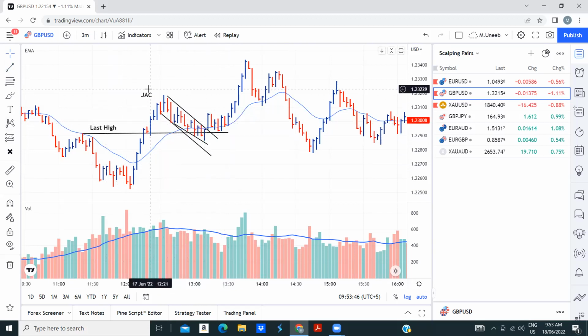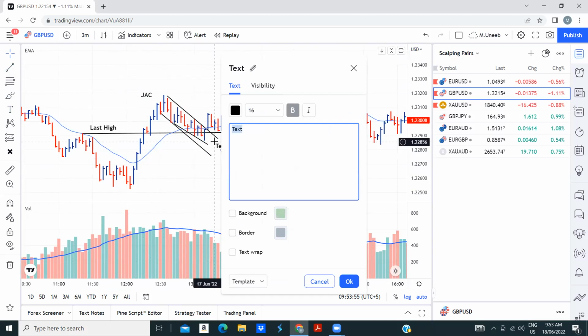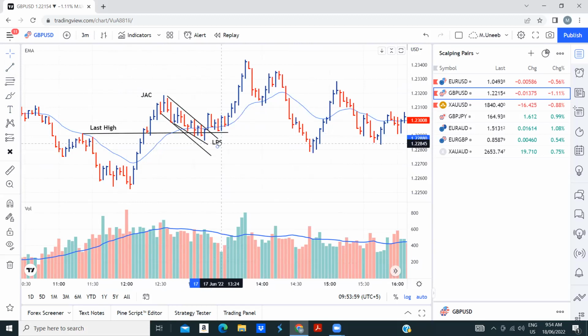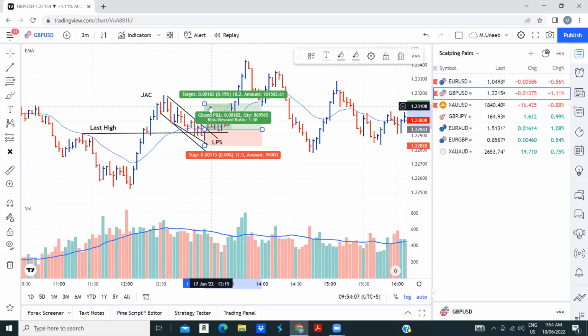And this last high, if this is JAC, this is redistribution. Then from the last high, if this is JAC, this whole process should be LPS, this here, right? And if you place a trade here, you can place a trade here.